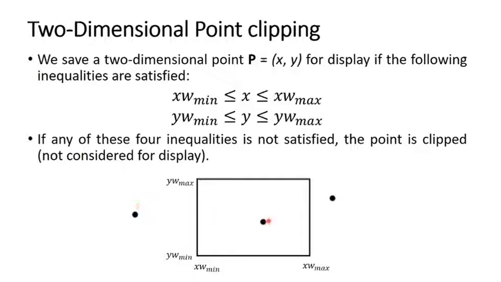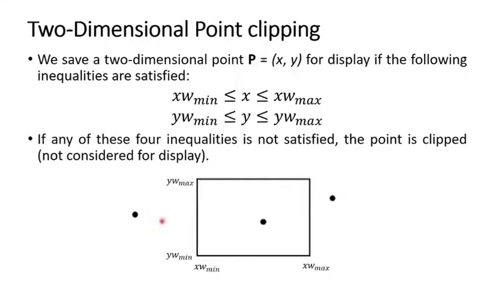We take the xy coordinate points and see that the xy is within the limits of this. It satisfies this equation. If it satisfies, then we don't have to clip that point, meaning to say we have to retain it so that it is displayed. If it doesn't satisfy any one of these conditions, that means that point is outside the edges of the window and we have to clip it, or eliminate it, or reject the point from displaying.